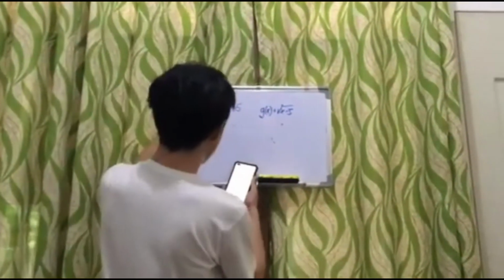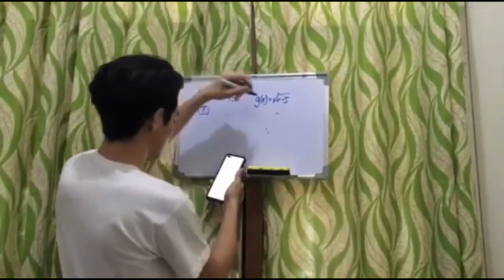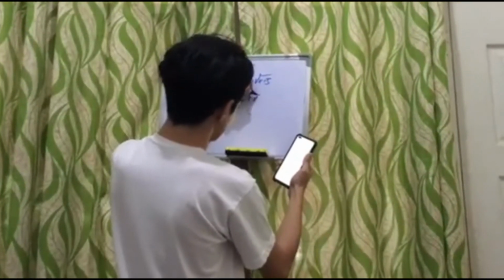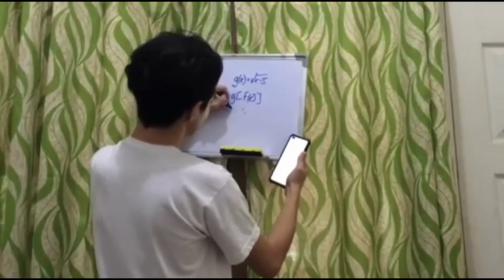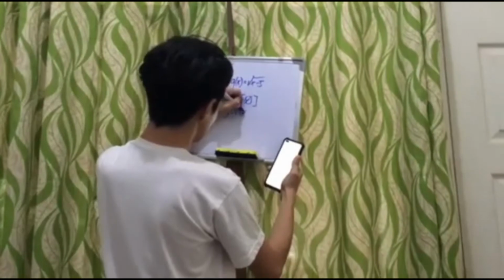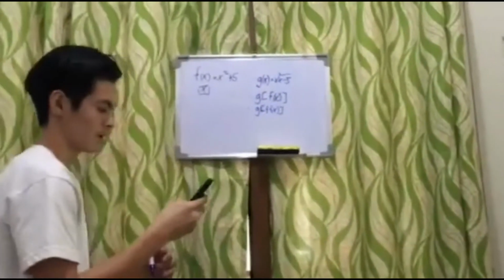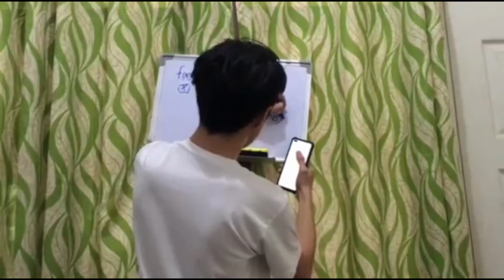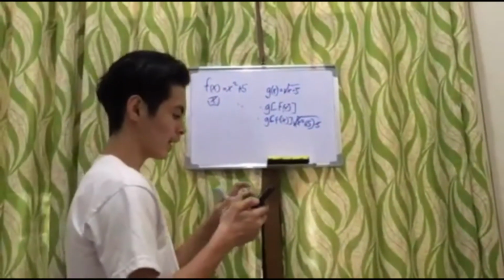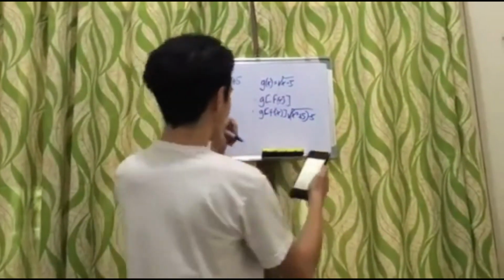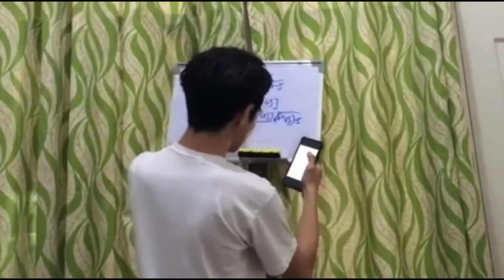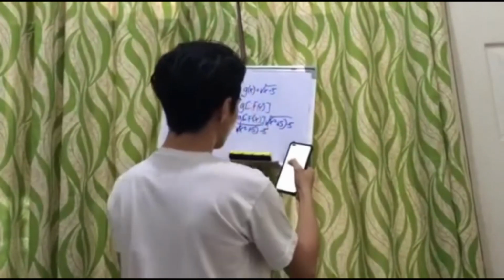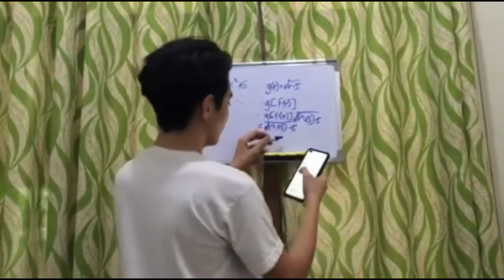Then the g(x). g of f(x). Here, we will replace x minus 5 with x squared plus 5, and then 5 and negative 5 is equal to 0.